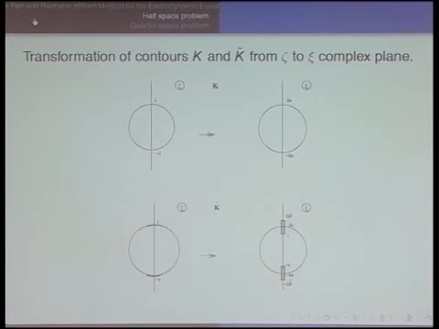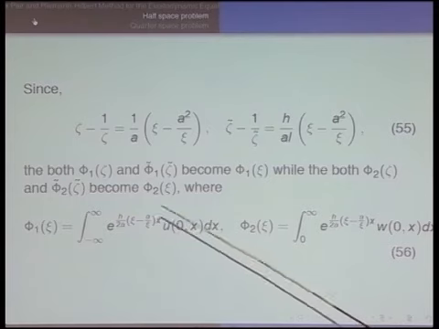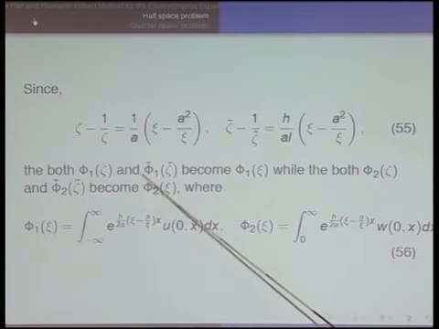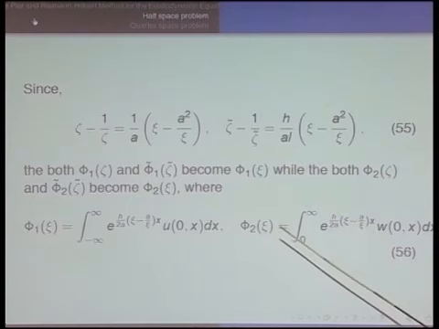However, still everything is fine. We know everything about all parts of these contours, and our unknown functions phi 1 and phi 1 tilde became phi 1 tilde of xi, and the same with second part.